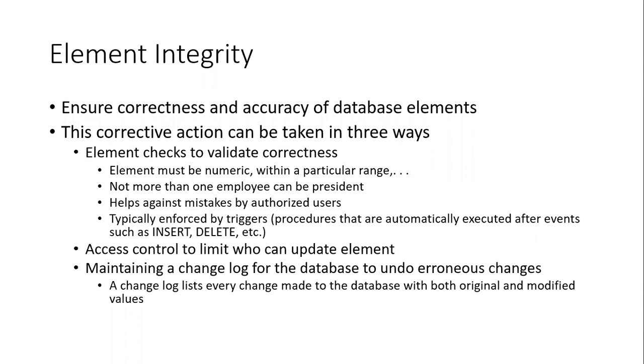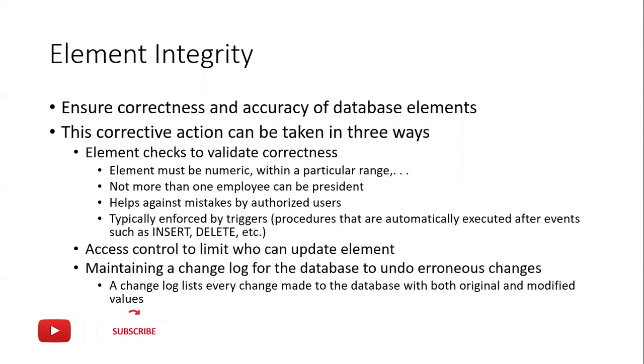Triggers are procedures that are automatically executed after some event. If you insert a wrong value, delete a wrong value, or update a wrong value, these triggers get generated and inform you not to do it. This way we ensure element level integrity.